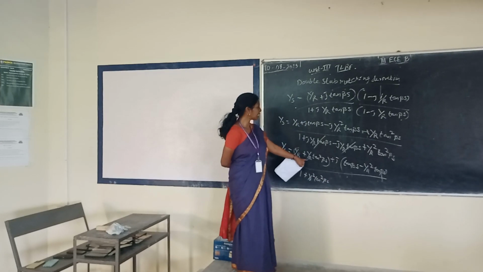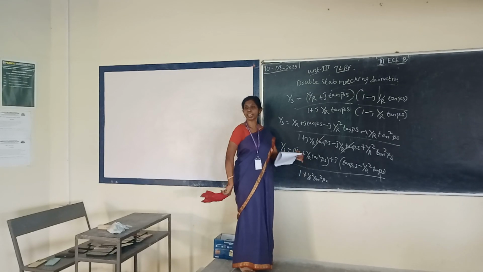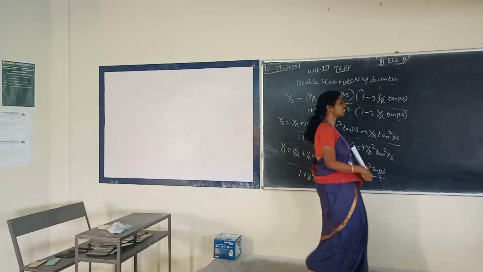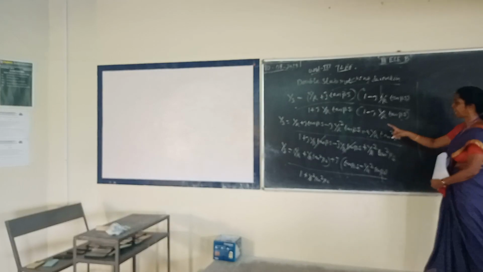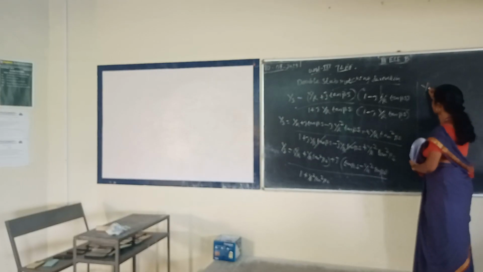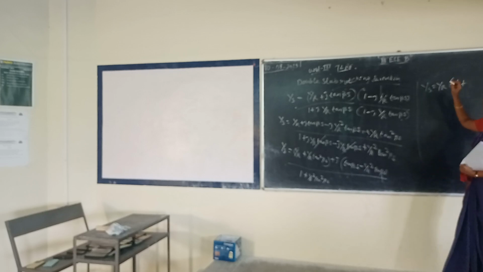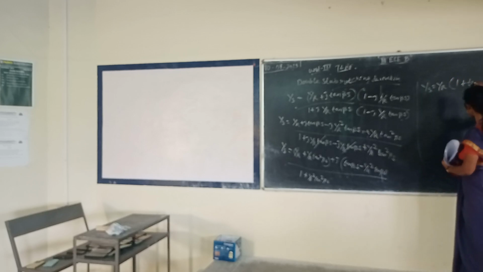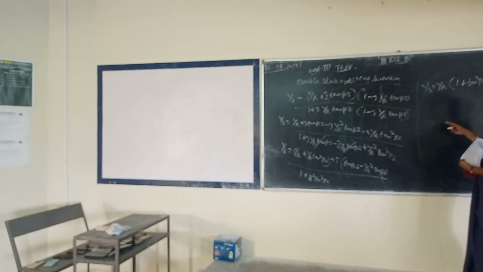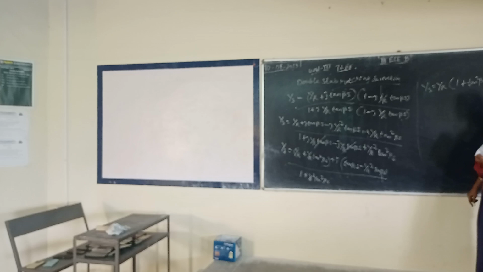So now in this term y r can be taken outside, right? In the first term y r can be taken outside. So y s is equal to y r, I am taking out 1 plus tan square theta s. In the j term tan theta s can be taken outside. So plus j tan theta s I am taking out.